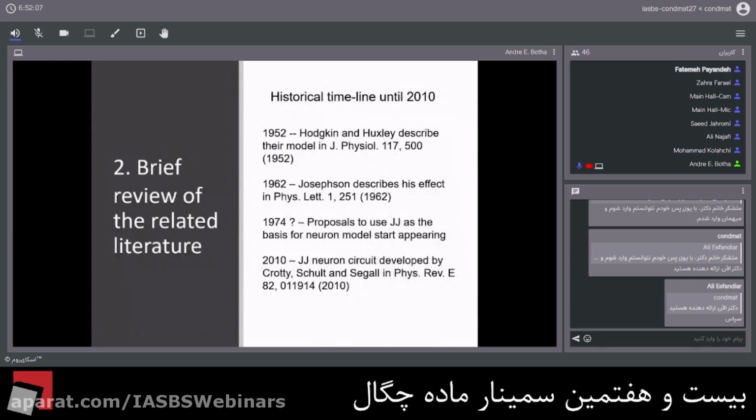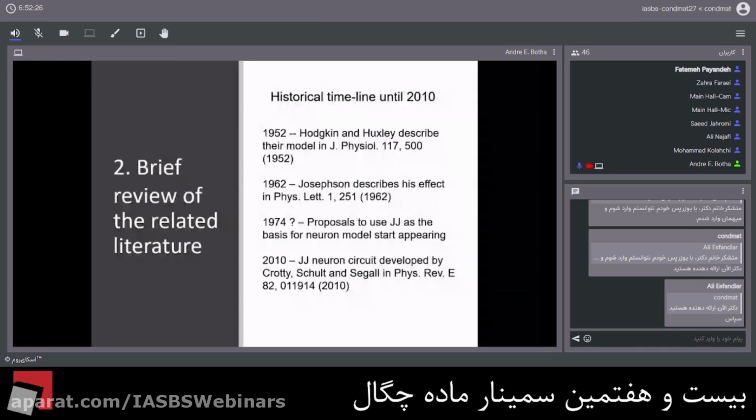And after the invention of the Josephson junction, ideas started developing of using the junctions as a basis for some sort of neurological model.